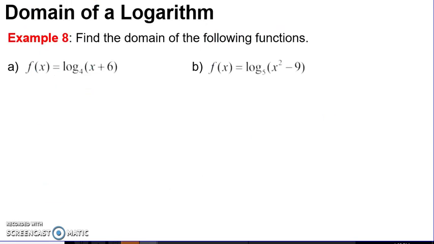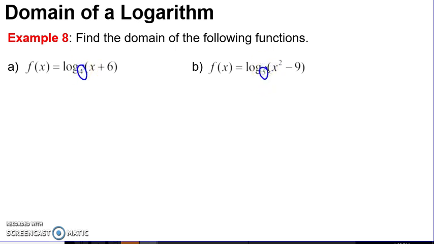For the domain and range of these logarithms, I'm going to allow you all to put them in your calculator and graph the functions and find out exactly what your domains are. Remember, you need to make sure you use the base value, which is going to be that log base. So you can put in the base of 4 and the base of 5.